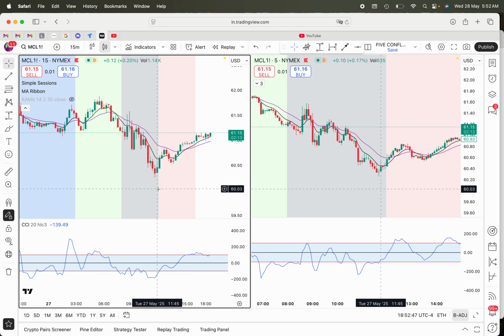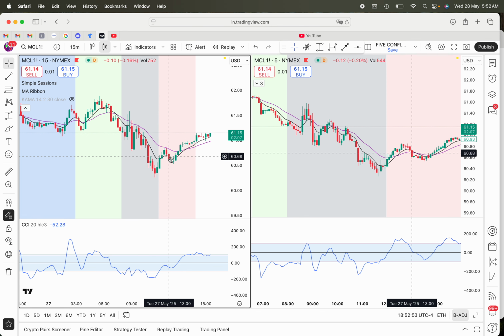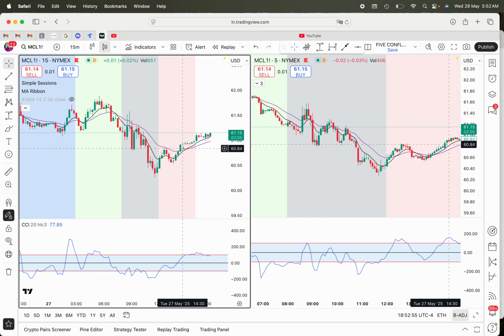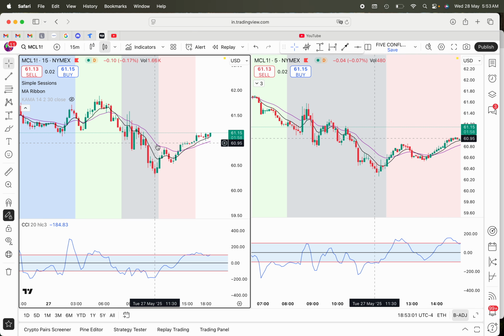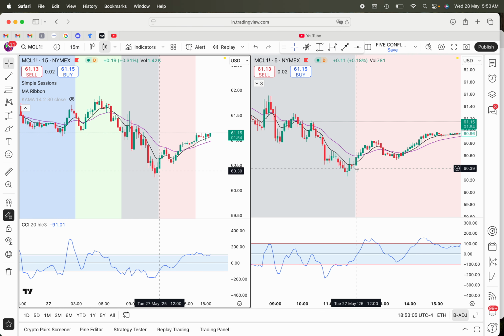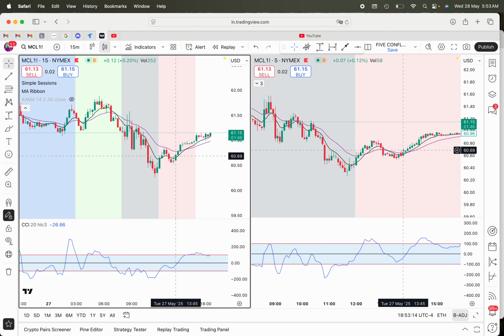Okay, just for instance here, this is crude oil from last night. See here on the 15-minute chart, see how price started to push back up towards the end of the session, but it never quite got above this moving average, and I'll talk about the moving averages in a second. It never quite got above this moving average, where on the 5-minute chart, you can see clearly there was quite a nice move to the upside here and then here.